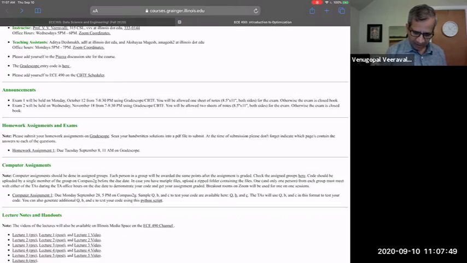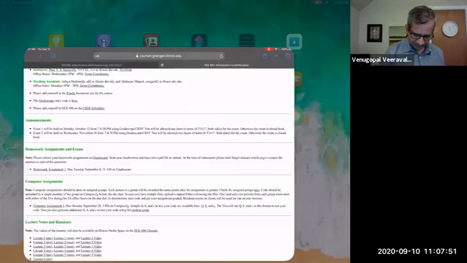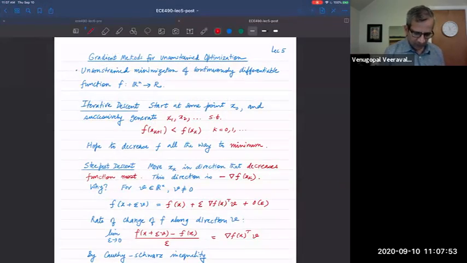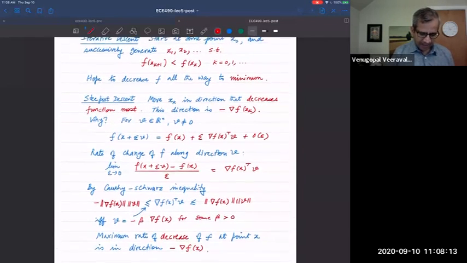All right, so let's get to today's lecture. Actually, before today's lecture, let's review what we did in lecture 5 on Tuesday. So we started talking about iterative methods for unconstrained optimization. Gradient descent is what we started talking about.